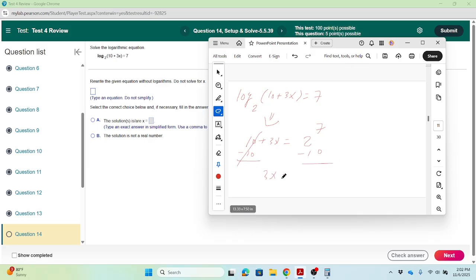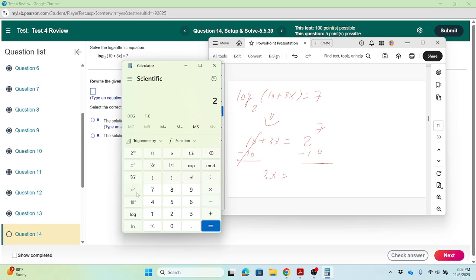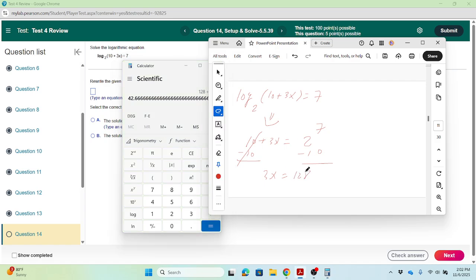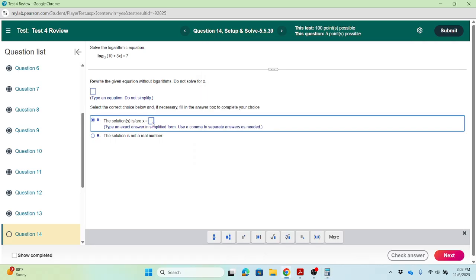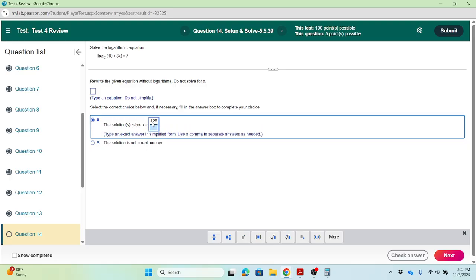So 3x equal 2 to the power 7, which is 128. You can do that math here. And divide by 3 because there is a 3 there. So it's a 42 point something. Based on the answer, what they are looking for, type an exact answer in simplified form. So it's 128 divided by 3. 128 divided by 3 is the simplified form.